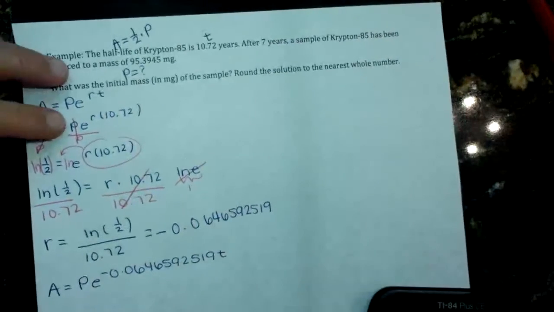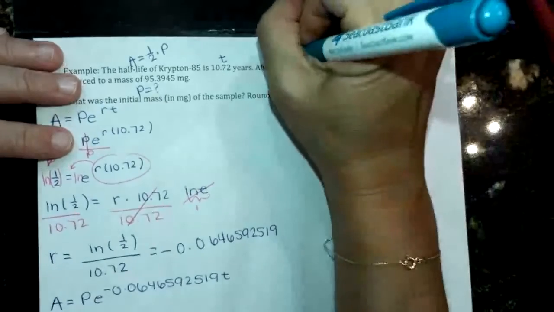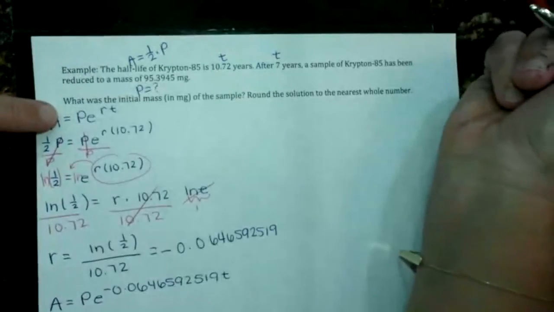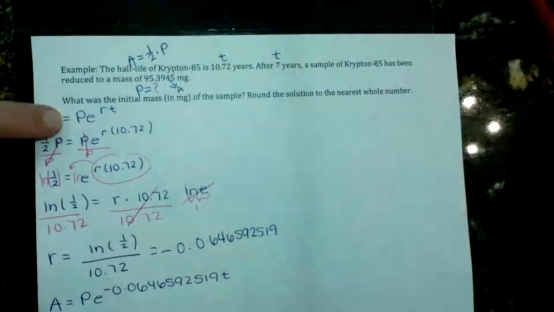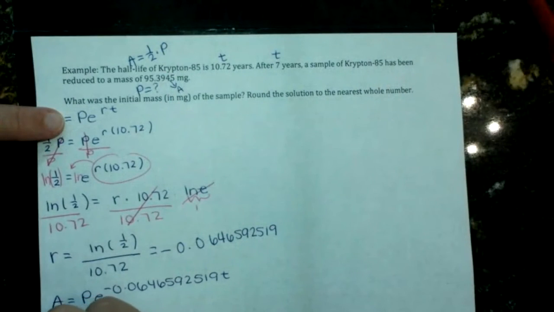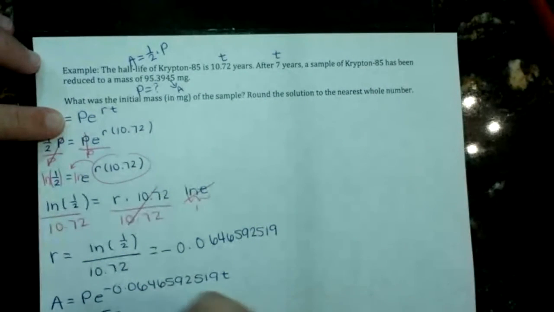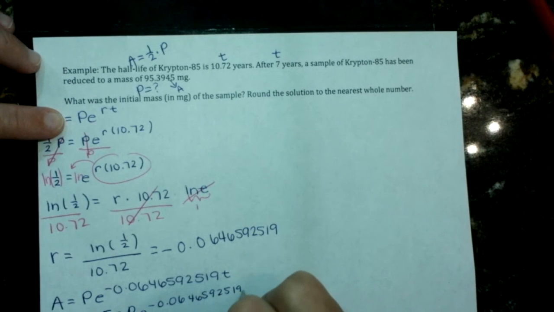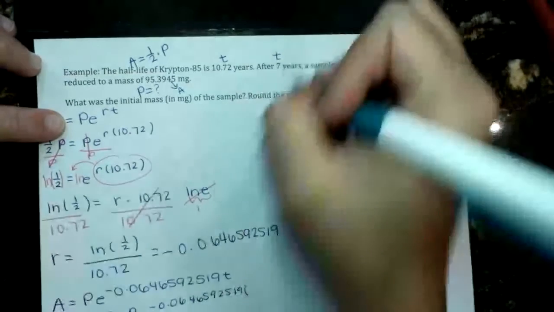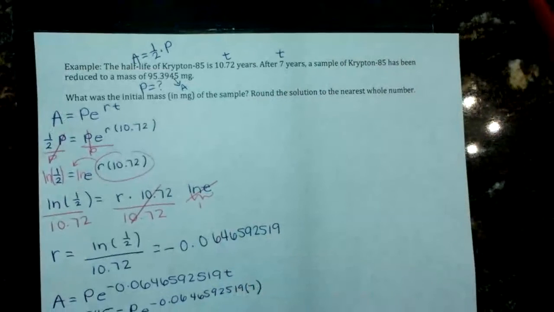It's asking what the initial is, so what is our P value? I don't know, but just like the previous problem, it tells us after 7 years, so it gives us a T value. The mass has been reduced to, it gives us another A value. So our A value is 95.3945 equals P, which we don't know and are looking for, e to the negative 0.0646592519 times T, which they're telling us is 7.